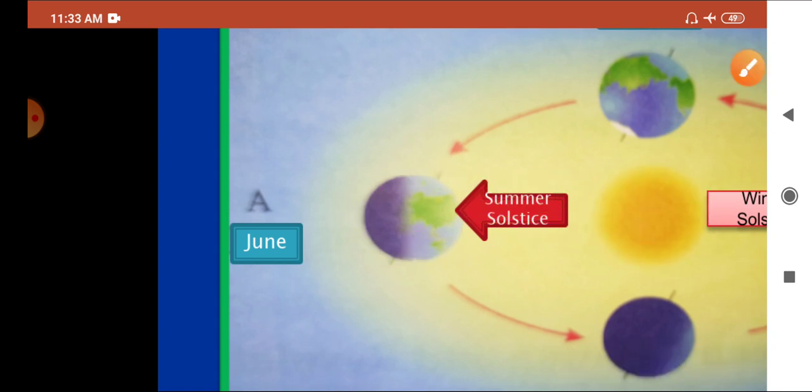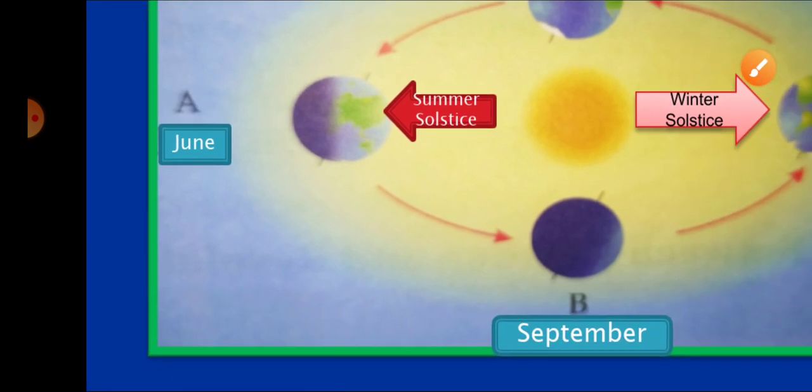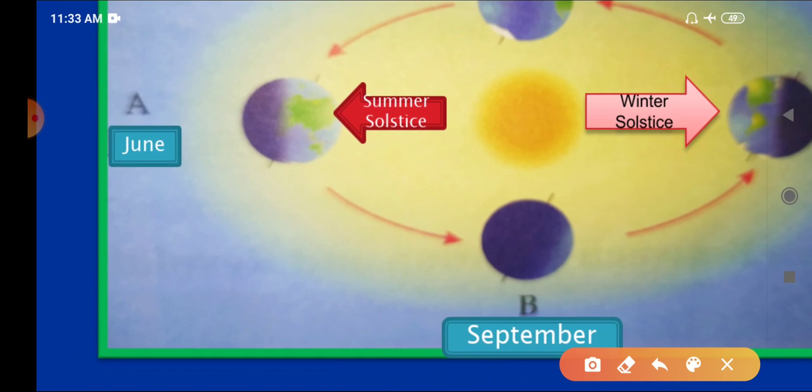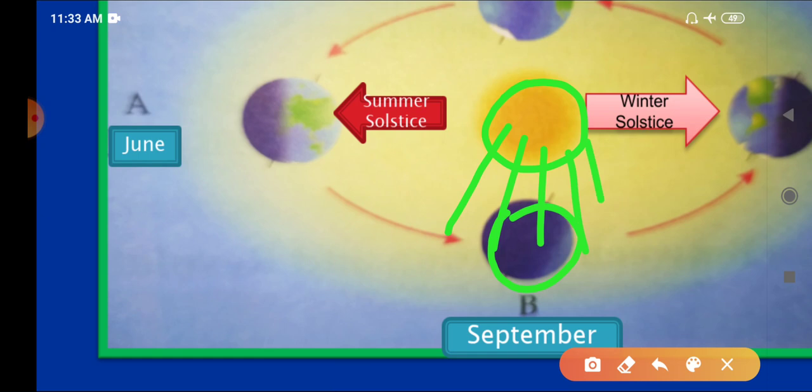Secondly, in the month of September, when the earth comes here in the opposite direction and the sun is here in the center, these rays are coming equally on the earth's surface, up to the central part equally.